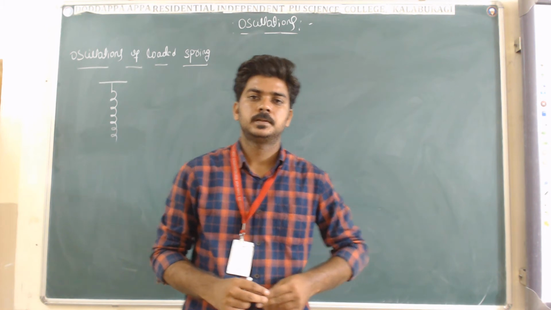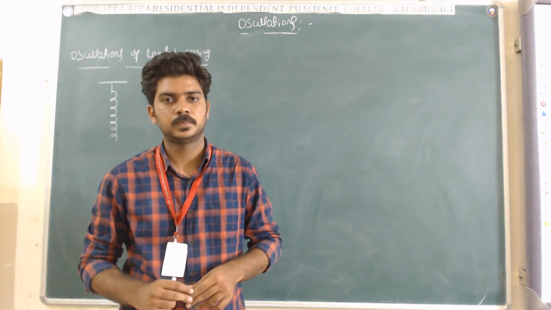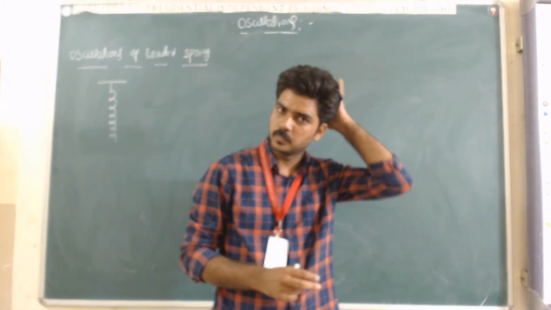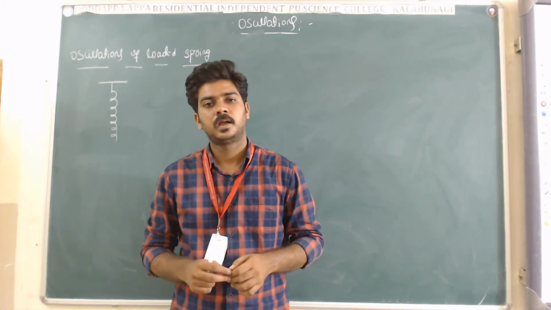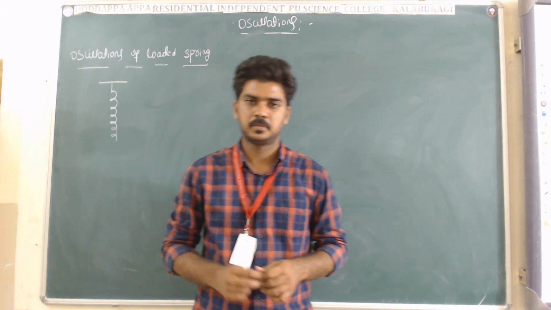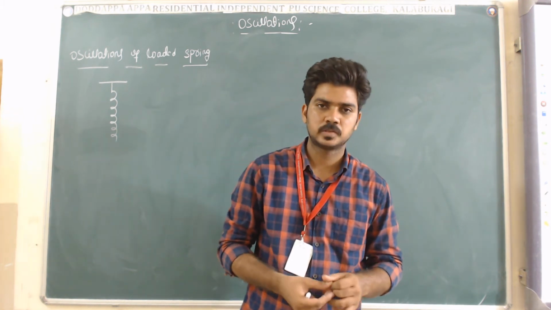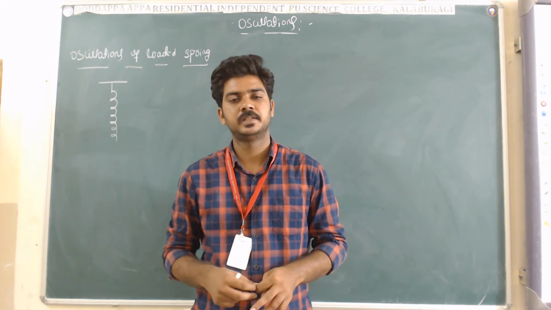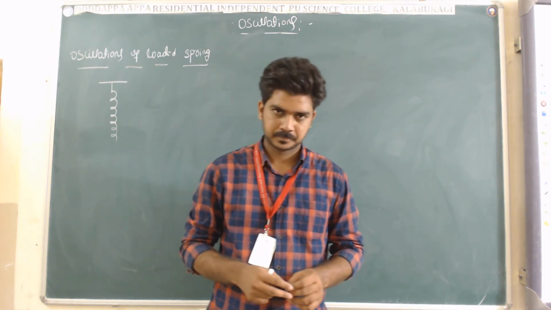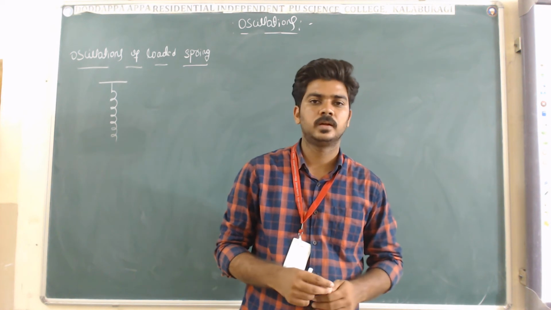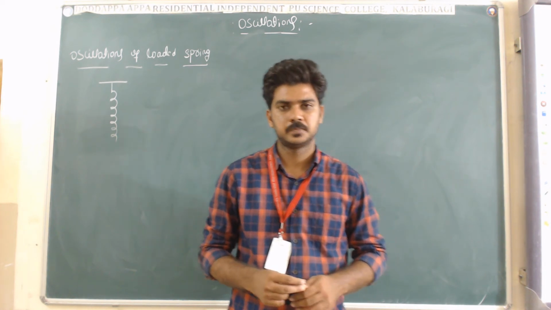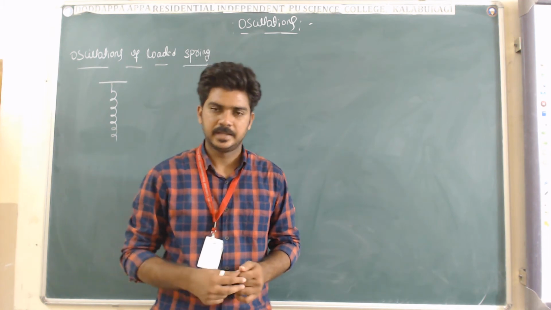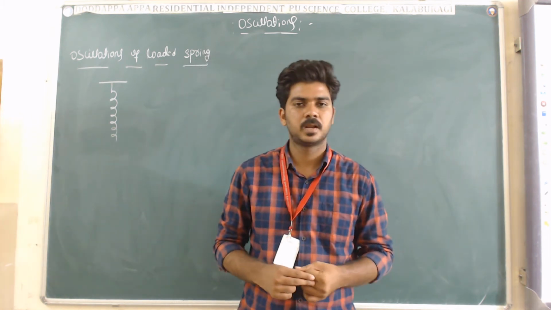In the last class we started our new concept, which is oscillations. We got to know what is meant by oscillation, and while the body is oscillating, what parameters it will have, which are time period and frequency. We also got one important expression, the displacement of a particle having SHM, simple harmonic motion.